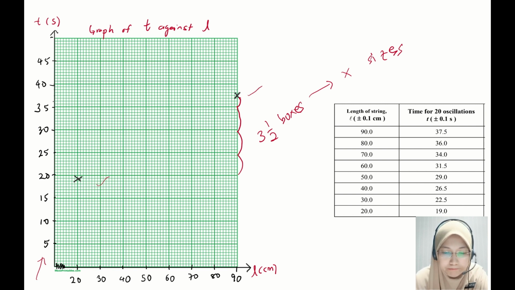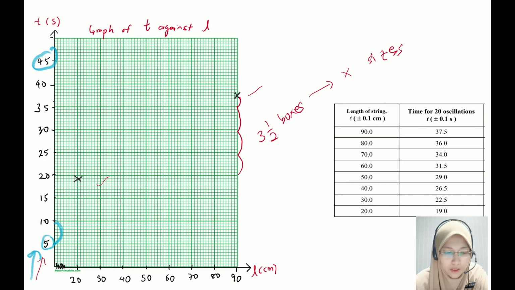Okay, so if we refer to the left side of this graph, for the scale of y-axis, we have the scale of 5. So we start with 5 and we end with 45 with a gap of 5 for every box. Since with this scale it cannot obey the size of the graph, we're supposed to have a better scale.